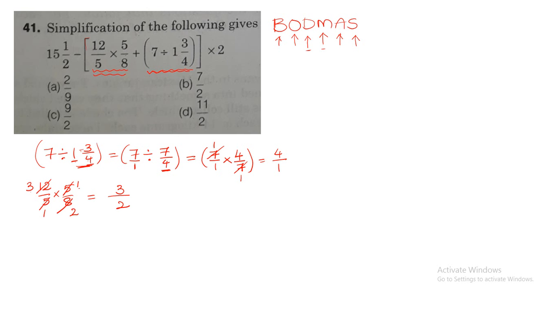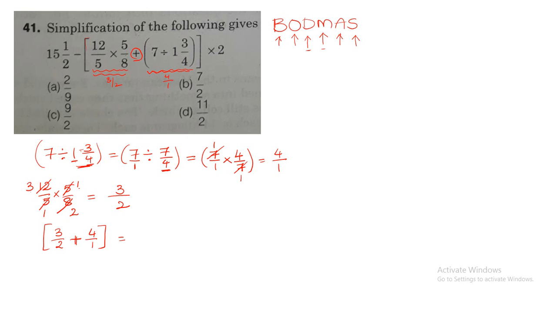Now simplifying that particular bracket value, what is there in the brackets? First thing is 3 by 2, plus, and this particular thing is 4 by 1. In the middle we have the plus symbol followed by 4 by 1.